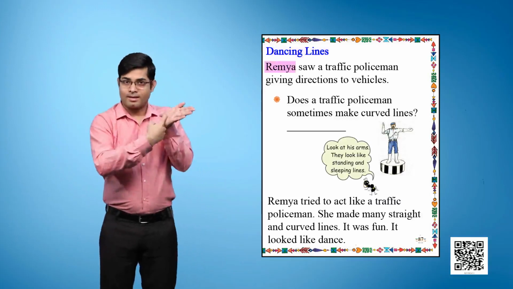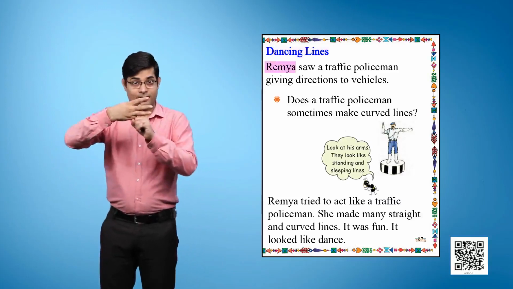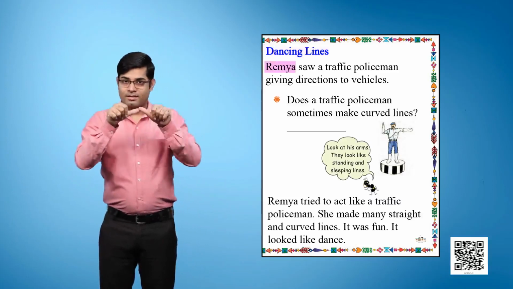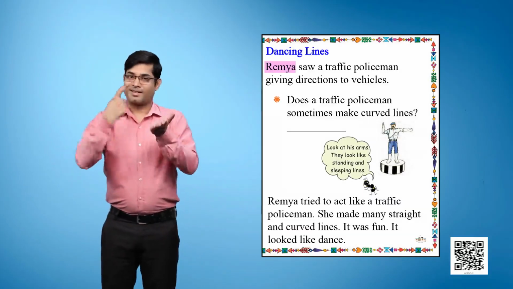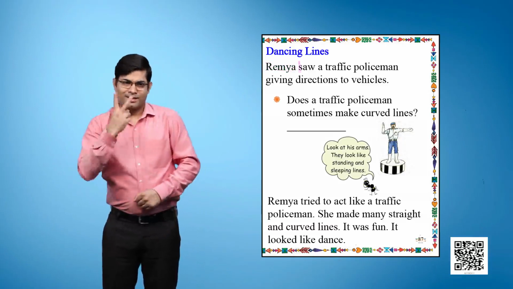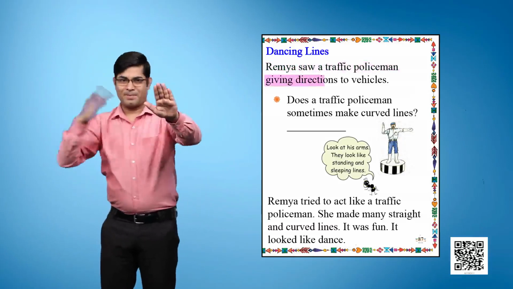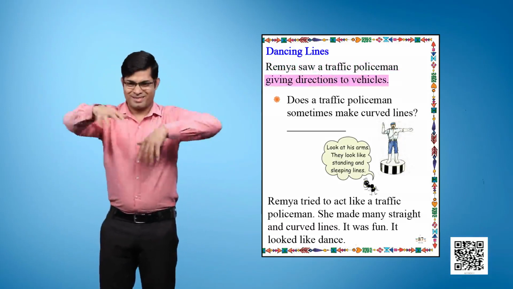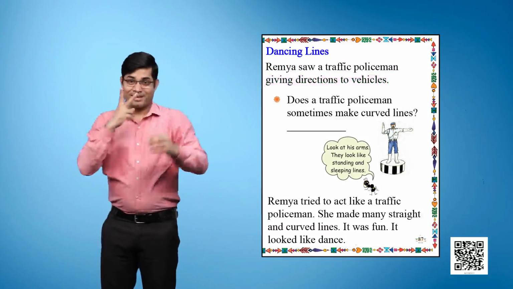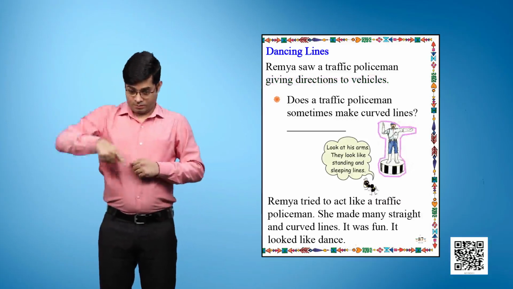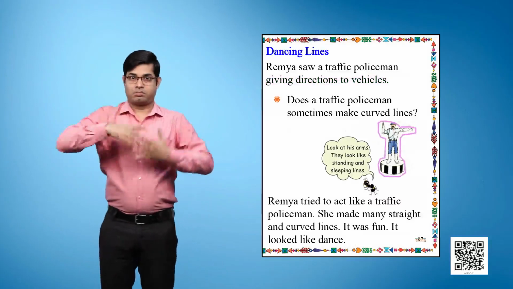Ramya saw a traffic policeman giving directions to vehicles. Picture shows a traffic policeman standing on the dais wearing uniform.